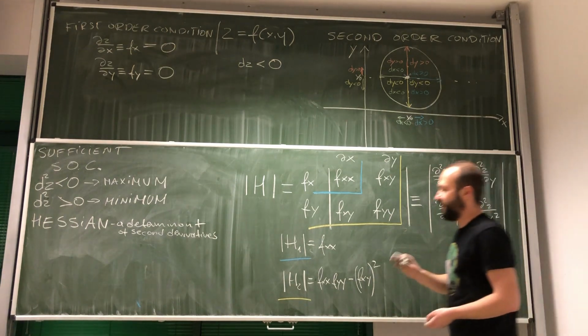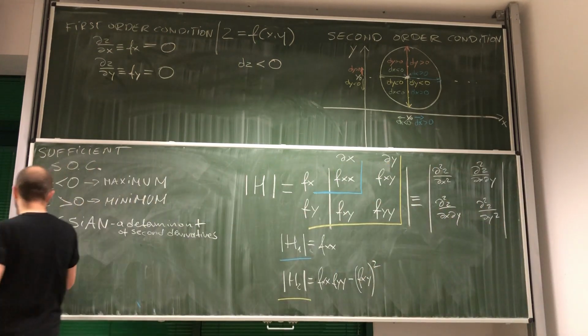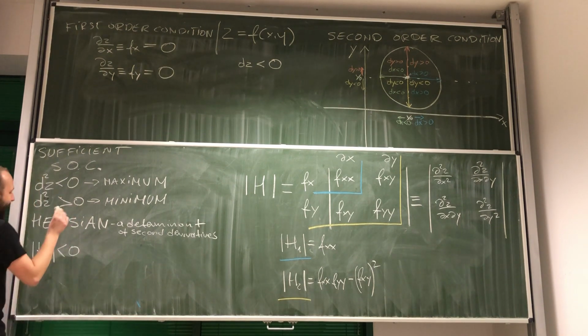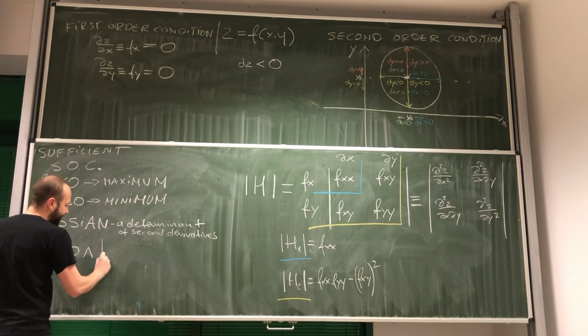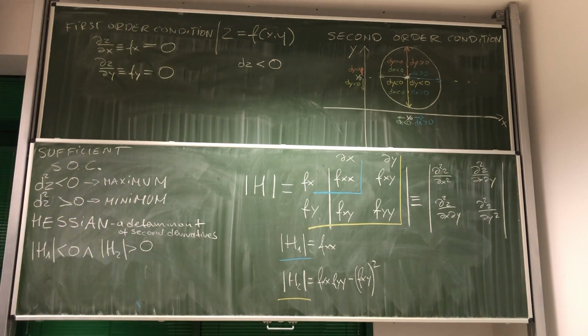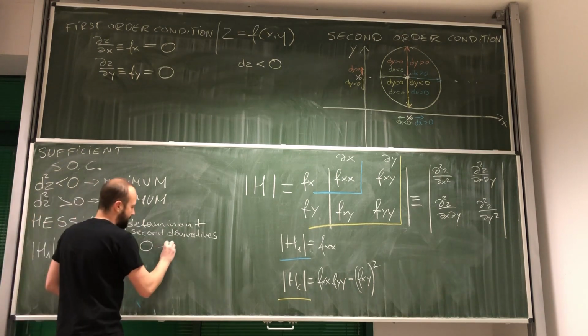And if it happens that H1 is lower than 0 and H2 is bigger than 0, we've got a maximum.